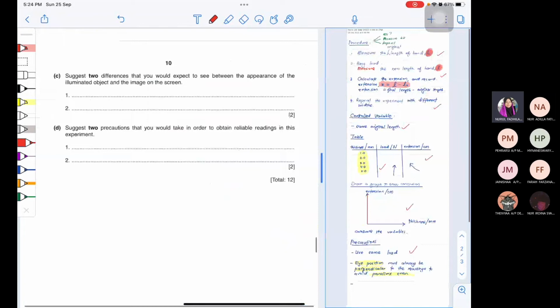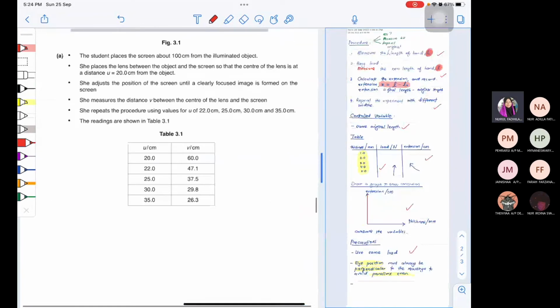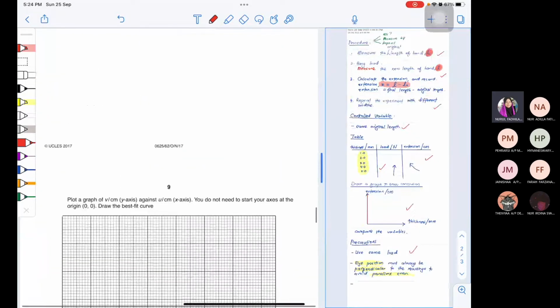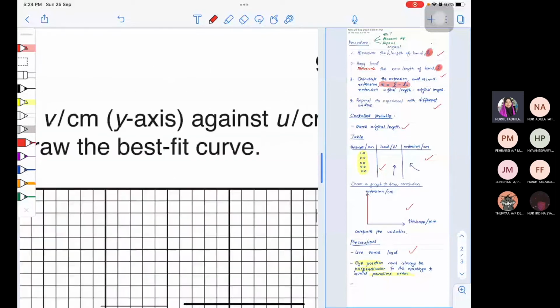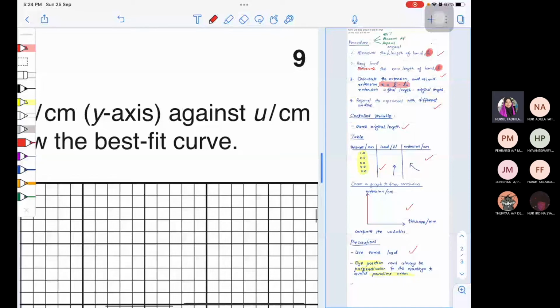Now this one is very easy. Do you want me to do this one? Okay, no need. It's just that if you get these readings: plot the graph of V against U. You do not need to start your axis at the origin. Draw the best fit curve. What is difficult here? You will have a curve.